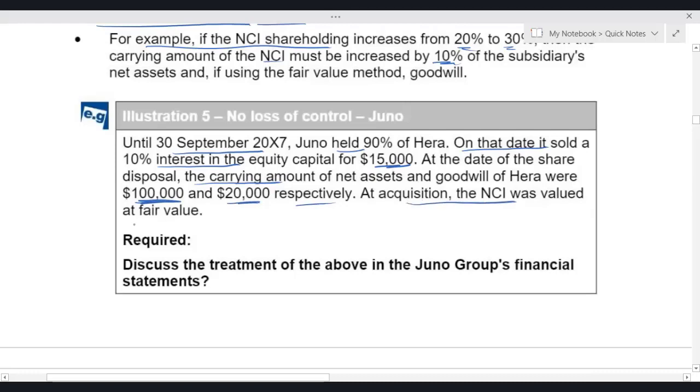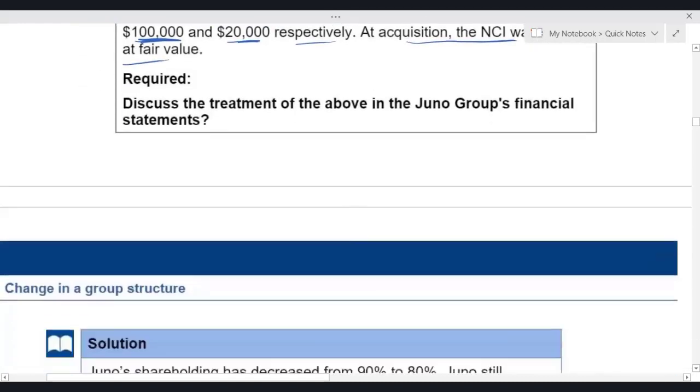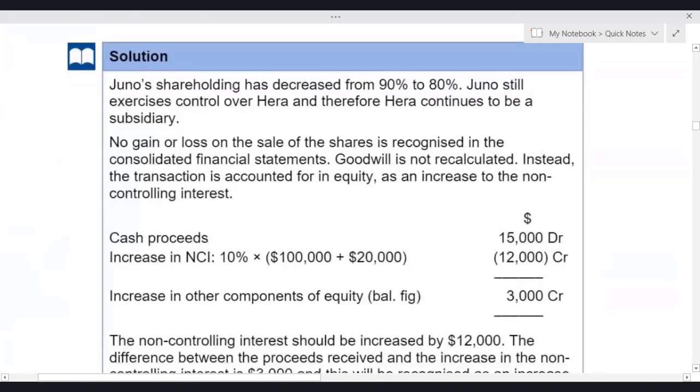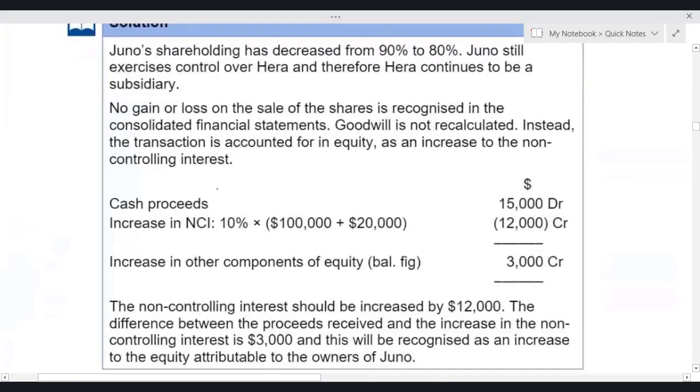At acquisition, NCI was valued at fair value. Cash received is 15,000. Increase in NCI is 12,000. So the balancing figure is 3,000, which is a gain, and that gain goes to equity.